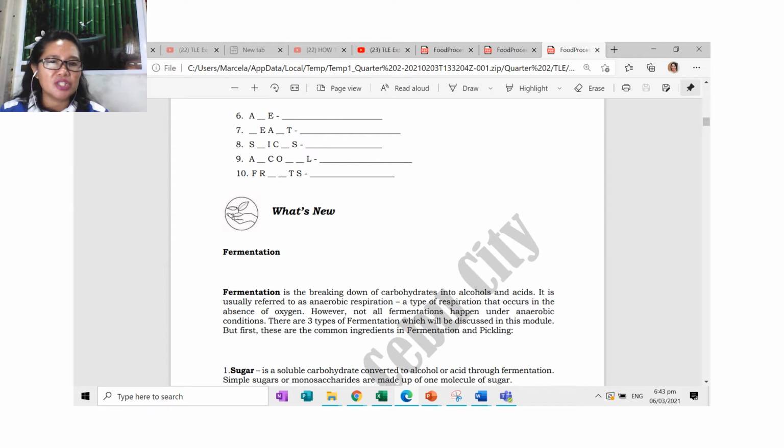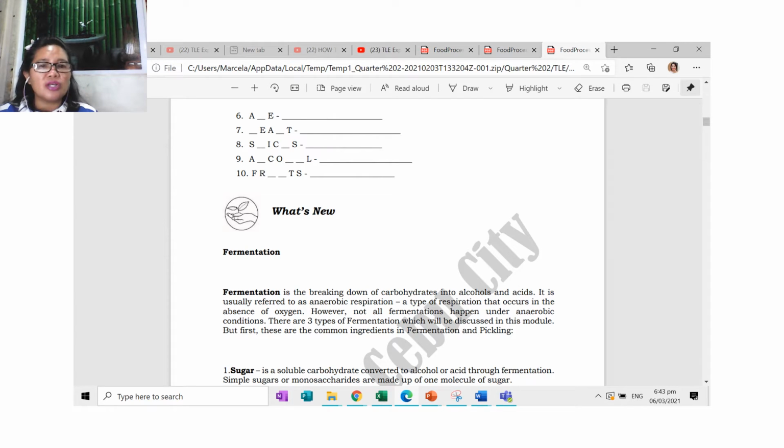Fermentation is the breaking down of carbohydrates into alcohol and acids. It is usually referred to as anaerobic respiration. This is the type of respiration that occurs in the absence of oxygen.